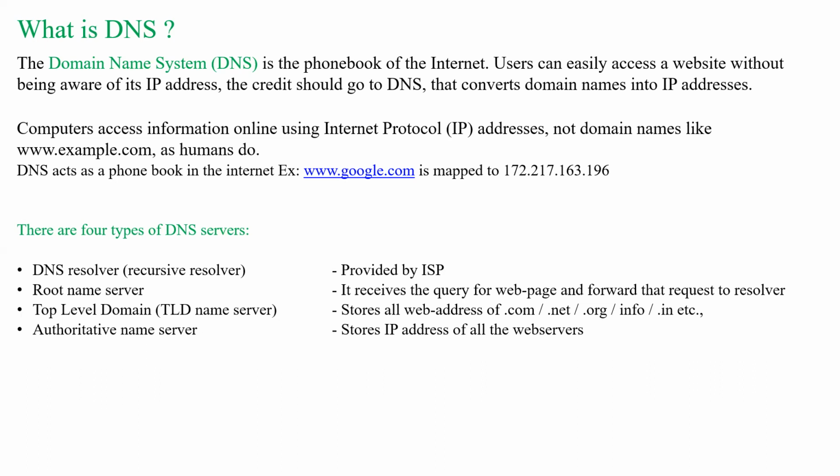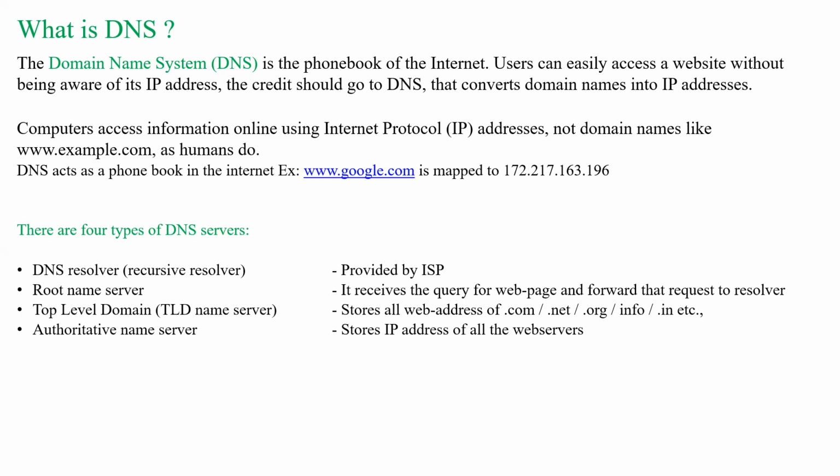The third one is top level domain, which is also called TLD name server. This server stores all the web addresses like .com, .net, .org, .info, etc. And the last one is authoritative name server. This particular server stores all the IP addresses of the web servers.